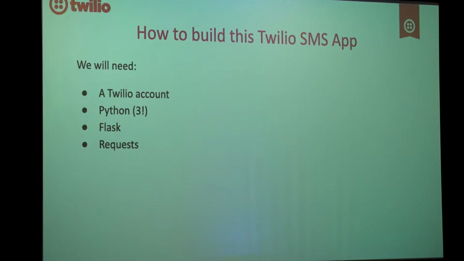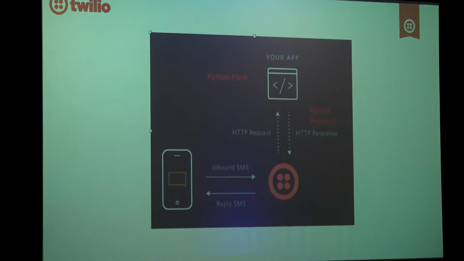To build this project, what you need is a Twilio account, Python, Flask, and the requests library. So how does the app work? You have your phone number. You send an SMS to my Twilio number. Then Twilio will make a request to my app. I put my URL in the Twilio console.